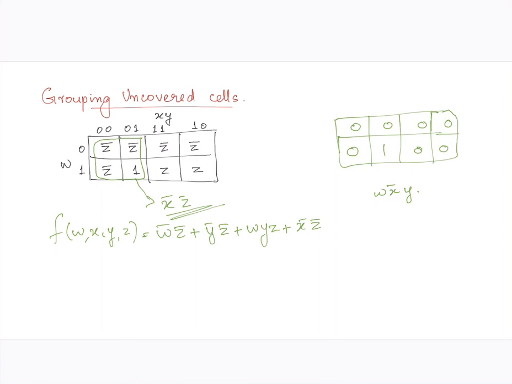In this case, as there are many Z bar and Z literals, we can combine it with the Z bar literal, which will give you the minterm X bar Z bar. So when you compare it with W X bar Y, X bar Z bar is the minimal term. So this is the minterm which can be considered in this type of grouping, and this will be the final expression.